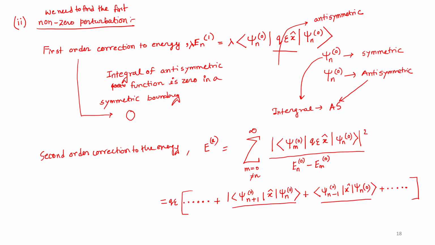And modulus square, this is En 0 minus En plus 1 0, there it is En 0 minus En minus 1 0. So m can be anything, right? For this first case, m is n plus 1, and this part is m is n minus 1.